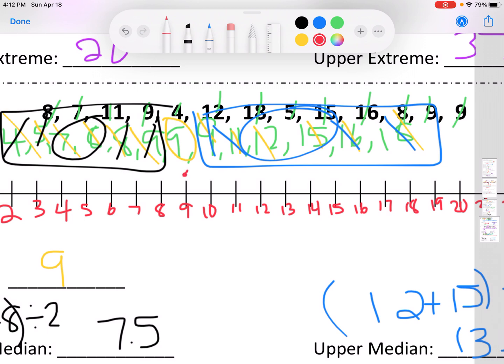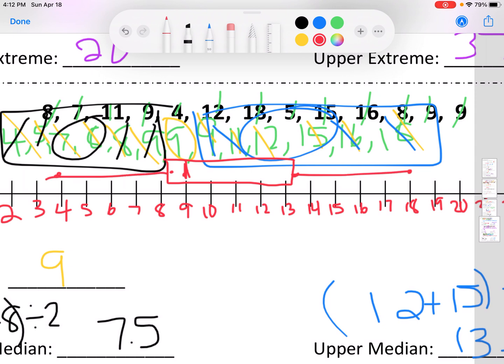So 9, 4, 8.5, 13.5, 18. Put a box around my middle 3 numbers. Draw out to the whiskers.